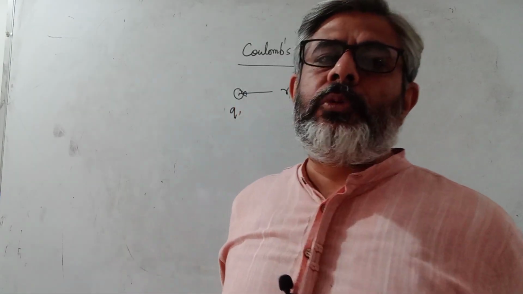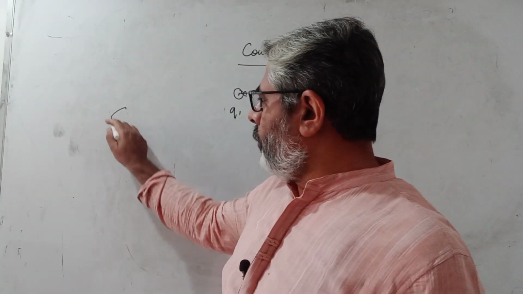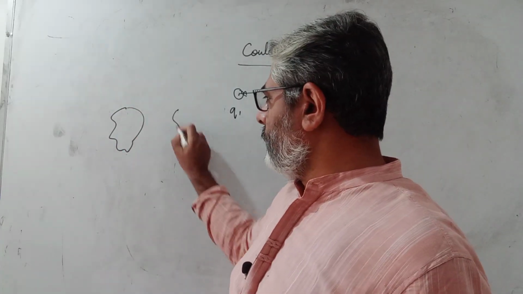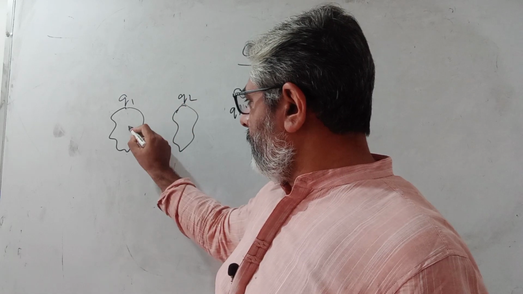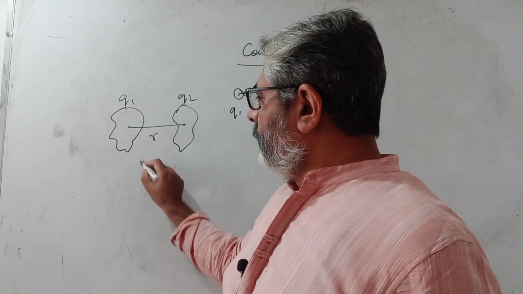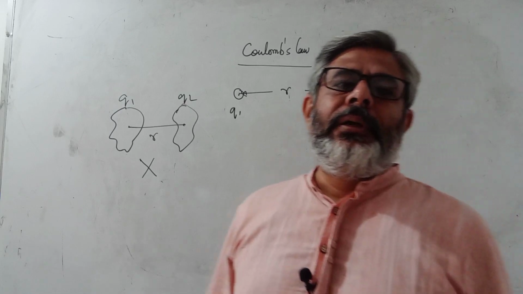What is important to note here is it's not applicable for extended bodies. Suppose you have these two objects, one is this object and another is this object, and they contain charges Q1, Q2, and they are separated by some distance r. We cannot apply Coulomb's law here because these are not point charges.